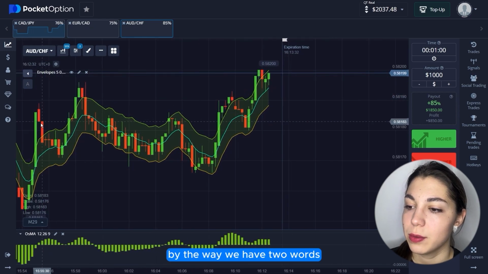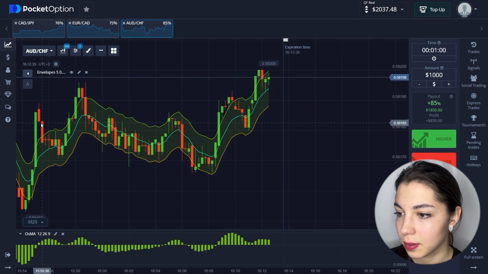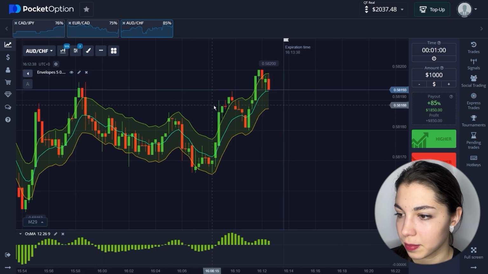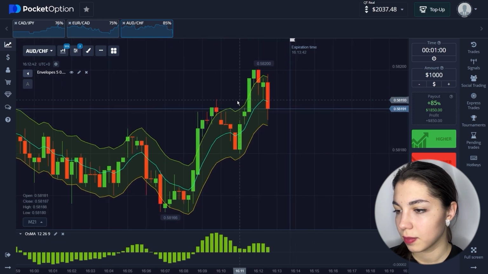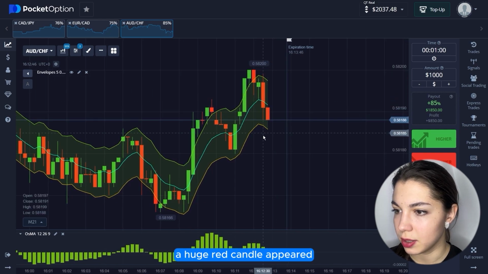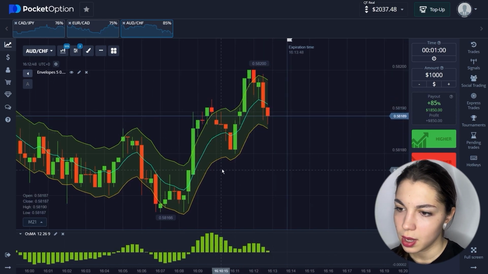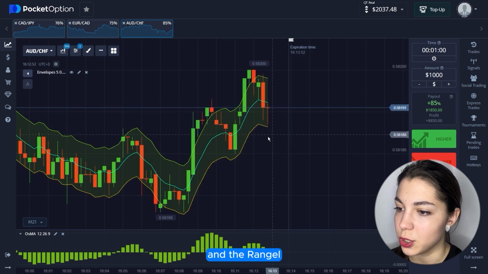By the way, we have two very strong resistance levels here. The price dropped sharply, a huge red candle appeared, and the second one has already reached the lower boundary of the range.